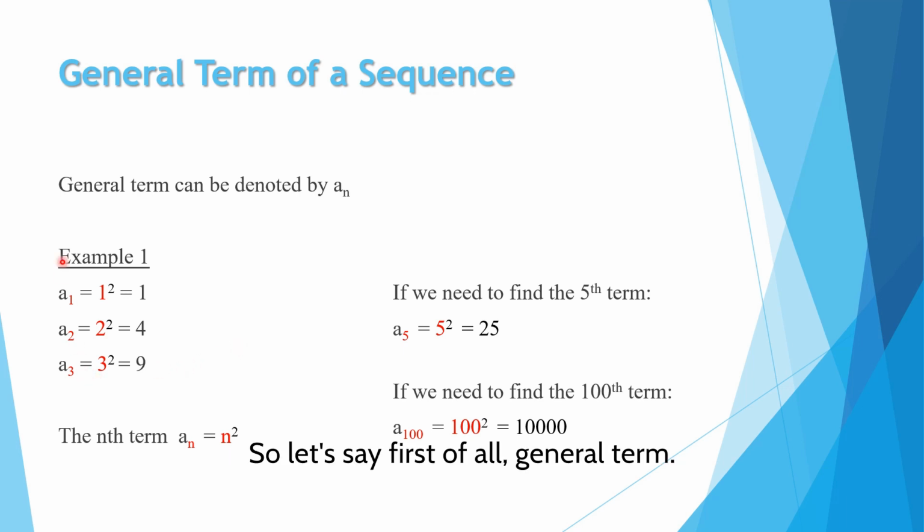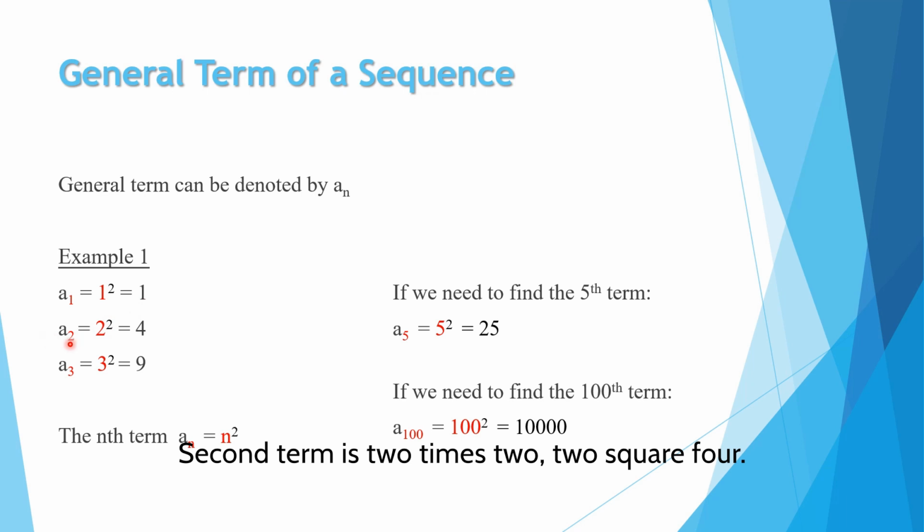So first of all, for the general term, usually we can use a symbol a subscript n to denote that. So for example, if we take the square number sequence as an example, the first term we can say a1 equals 1 square, which is 1.